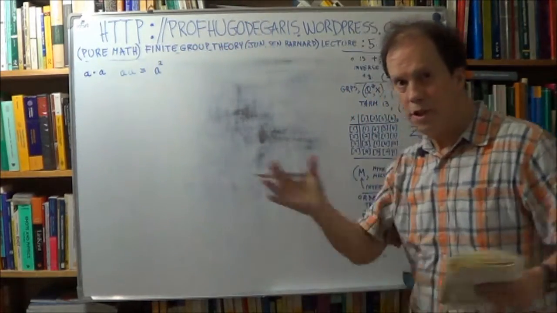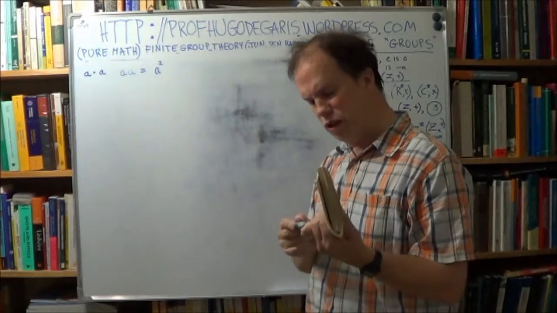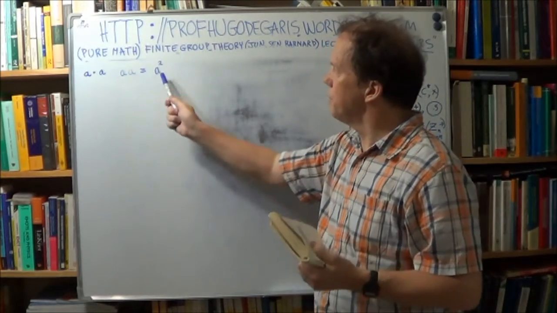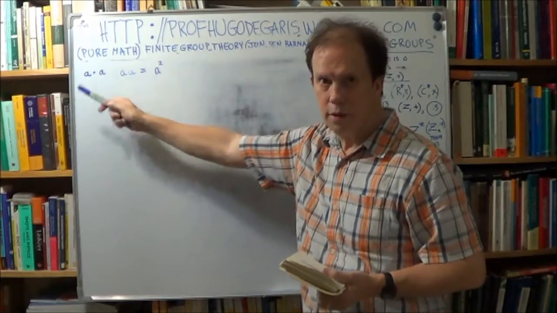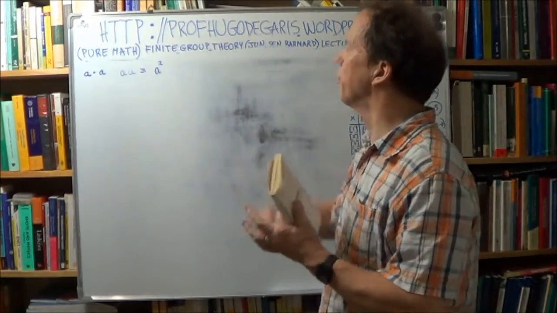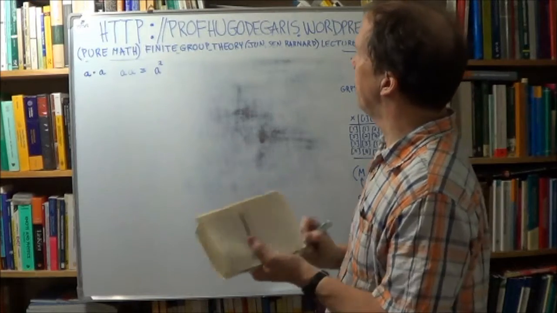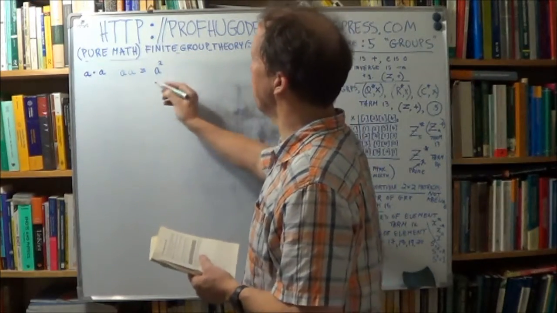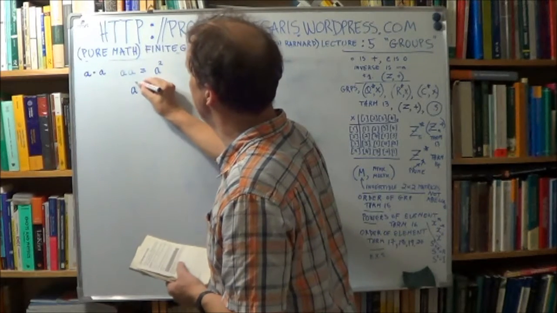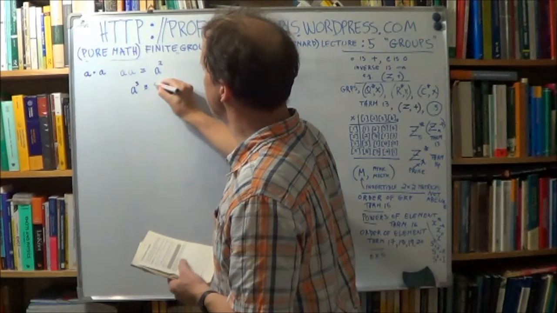It's just a notation. So if you see A squared, all it means is A binary operated on itself. Now you could keep doing this, so you could have A cubed, and that by definition is just A.